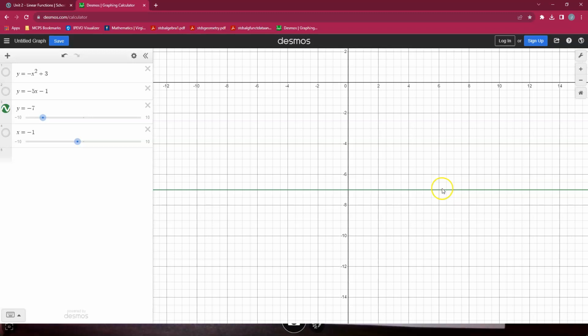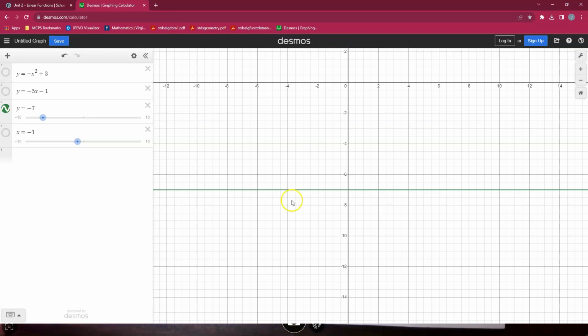This would be 6, negative 7. This would be 2, negative 7. Any x I pick, negative 3, 1, a half, negatives and positives, I always have a value that goes with it. So my domain is going to be negative infinity to positive infinity.